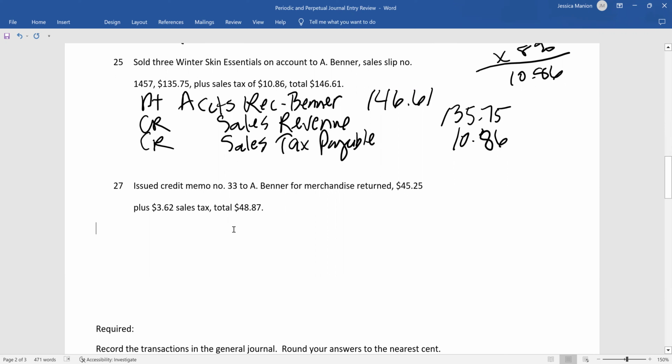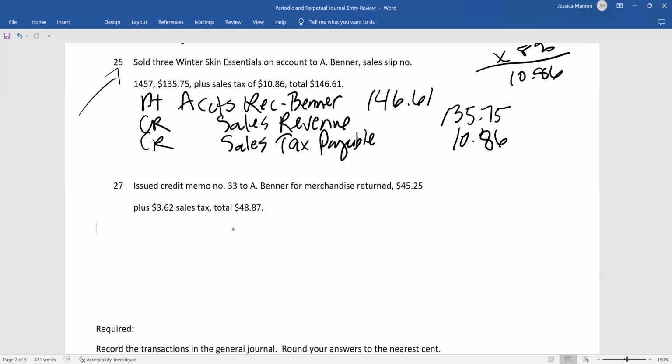The last one here for the periodic inventory system, issued credit memo number 33 to A Benner for merchandise returned, $45.25 plus $3.62 sales tax. The total $48.87. So now this Benner, on the 25th, right?